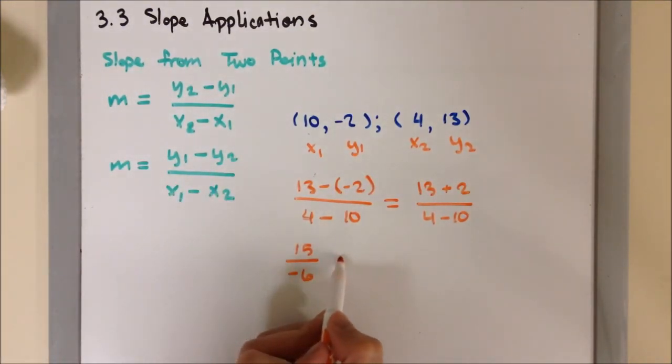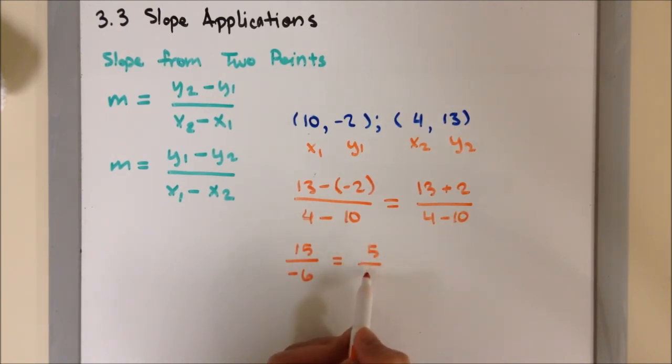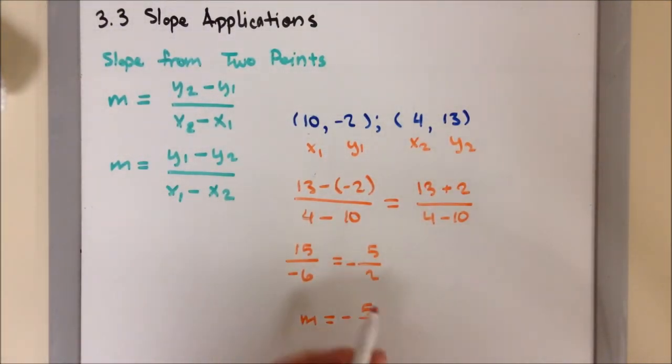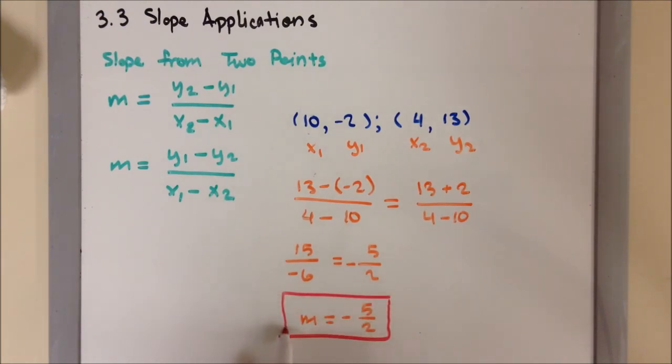So I'm going to divide the top by 3, which will become 5, and then the 6 by 3, which becomes 2. But don't forget your negative. So I'll just put it in front of the fraction. So my final answer is m equals negative 5 over 2. So I'm going to box this up. And again, my final answer is m equals negative 5 over 2.